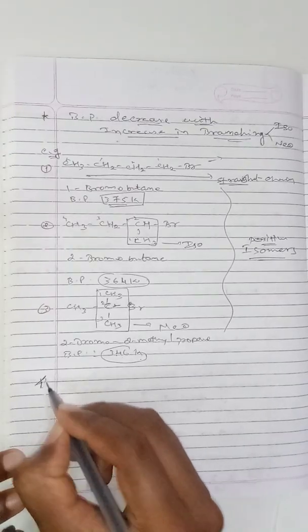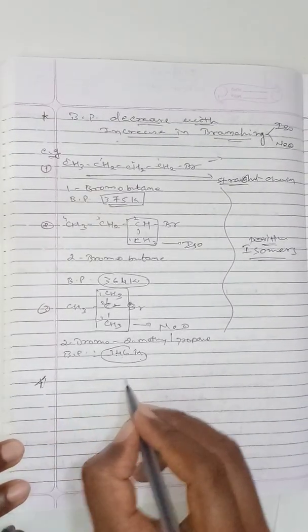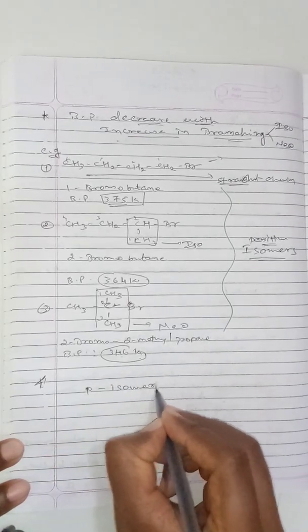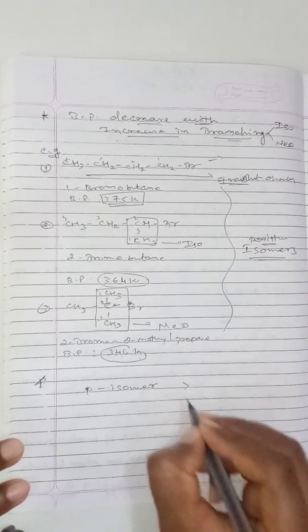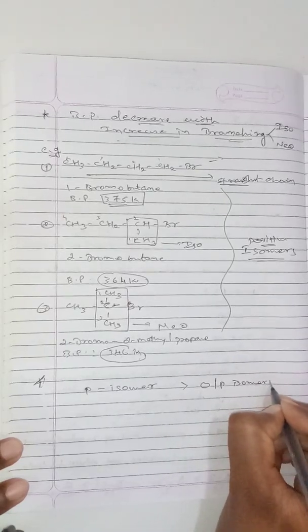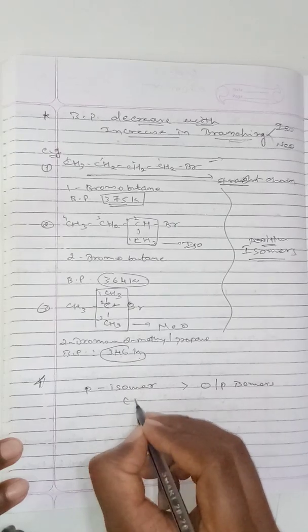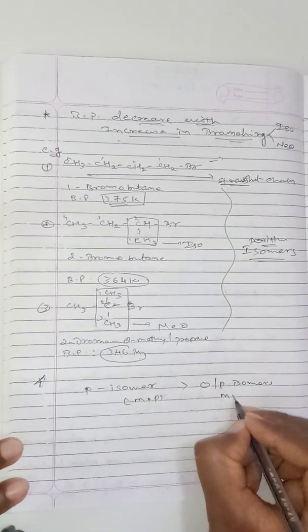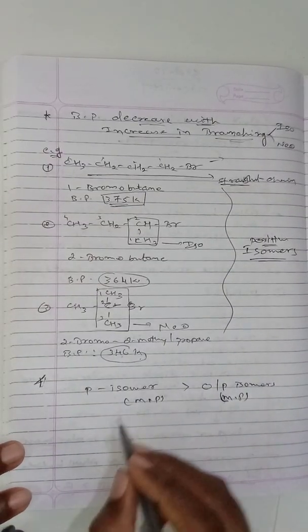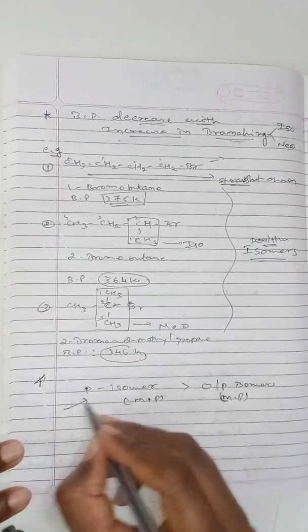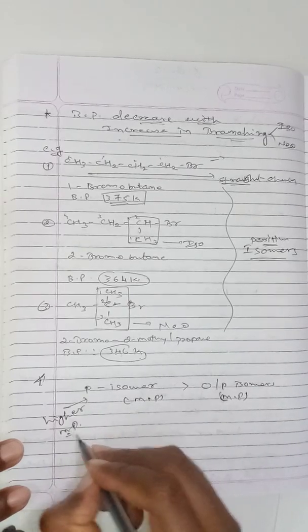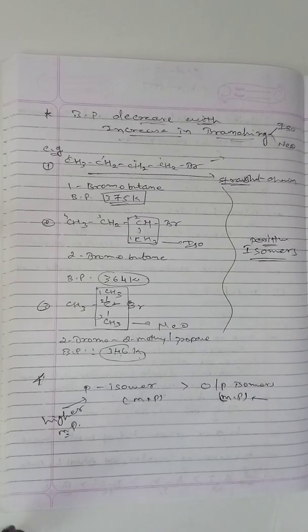And next point, for most of the isomers, the para isomer has a higher melting point as compared to ortho and meta isomers.